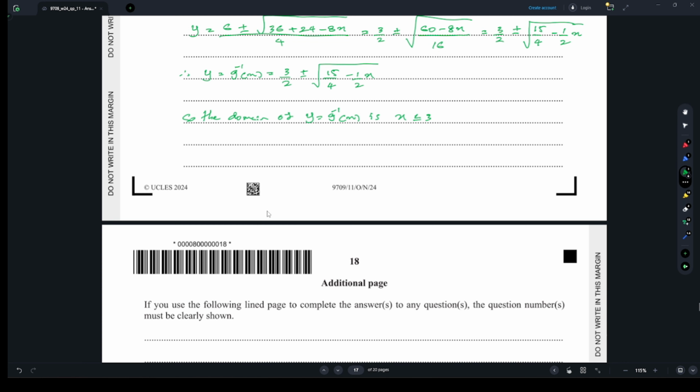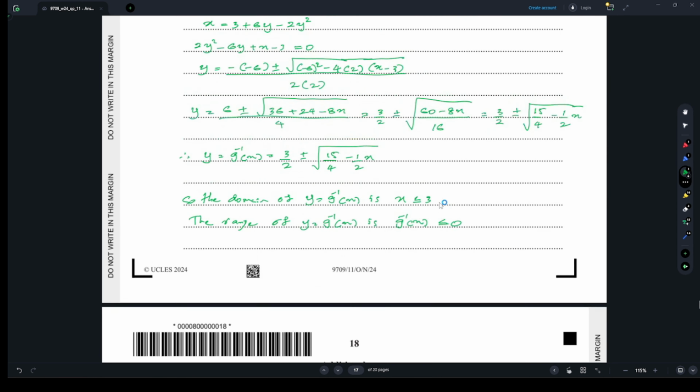And the range of y equals g inverse x is the domain of gx, which is values less than or equal to 0.